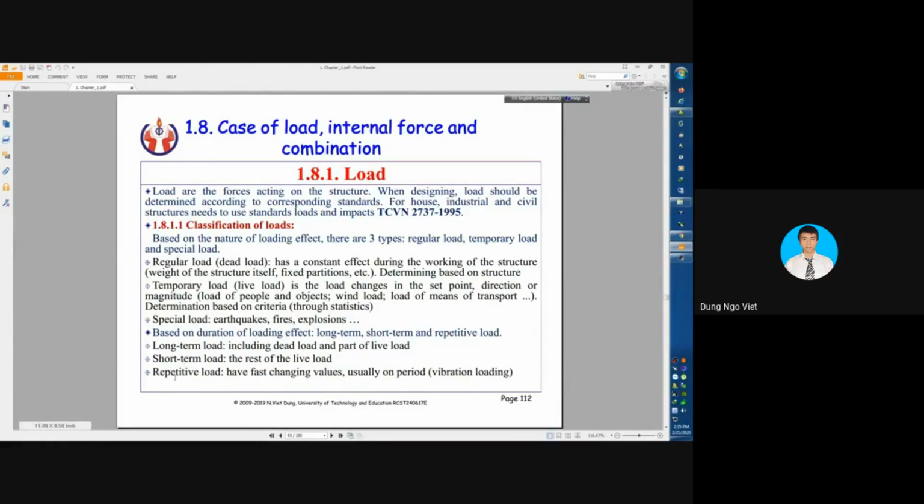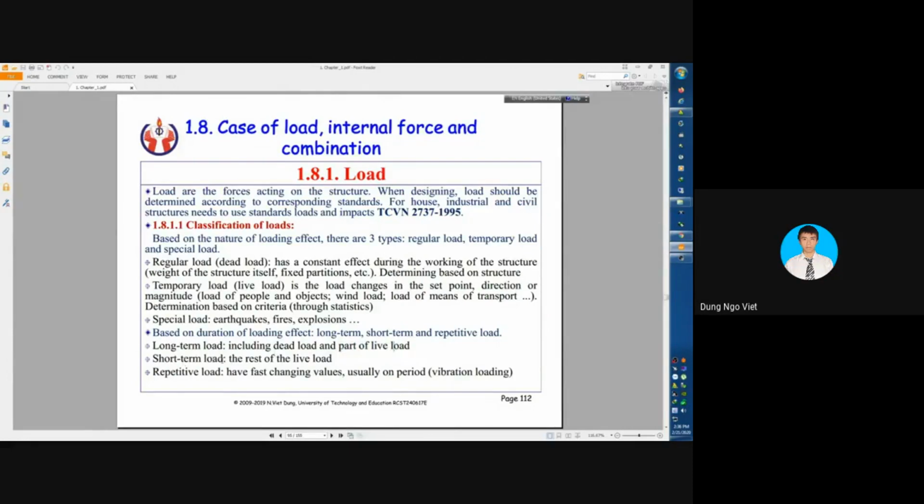Another classification of loads is based on duration, that means the time of acting loading effect. In this classification, we have long-term, short-term, and repetitive loads. The long-term loads include dead loads and part of the live load, the long-term live load.